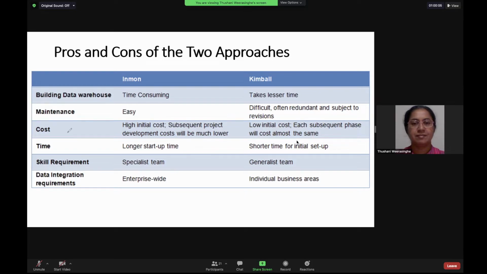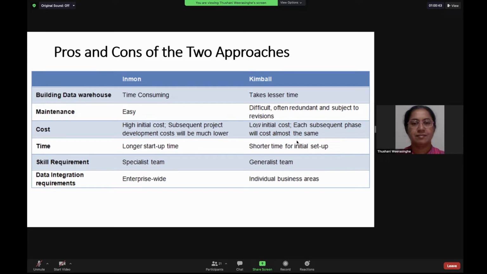Cost-wise, the Inmon approach's initial cost is high, but subsequent project development cost will be much lower. Initially you have to spend a lot, but later the project development cost will be much lower, while you have the system and the database there, so you can do steady improvements with the project. You can run other projects with that.